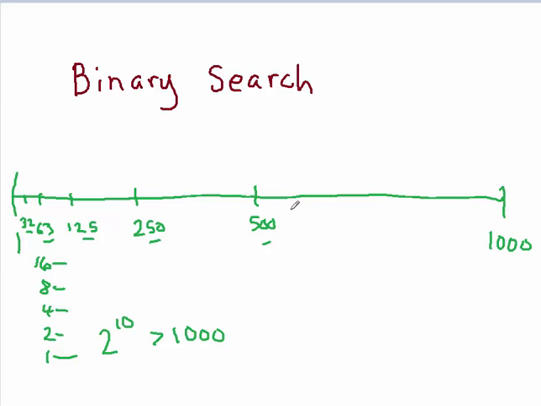You can keep on dividing it by 2 and getting similar results. In fact, we could have played this game up to 1024 because 2 to the 10th is 1024. And we could divide those in half and gotten 1024, 512, 256, 128, etc. Once again, the powers of 2.